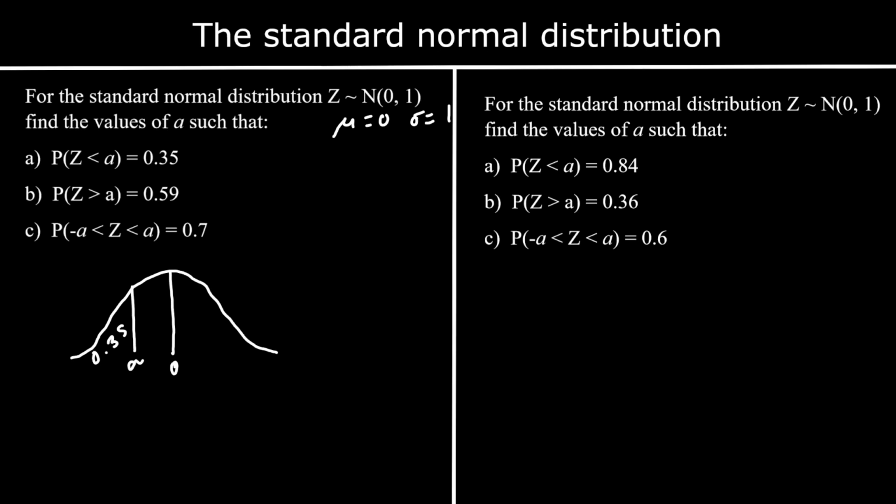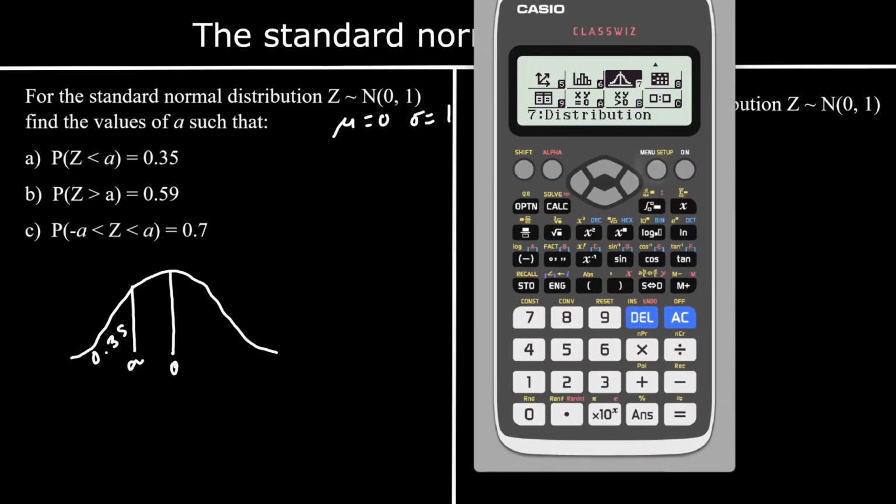So we're going to use our inverse normal distribution. So on the calculator, we're going to inverse normal. We know the area is 0.35. And we know the mean is 0, standard deviation is 1. So we get negative 0.385.